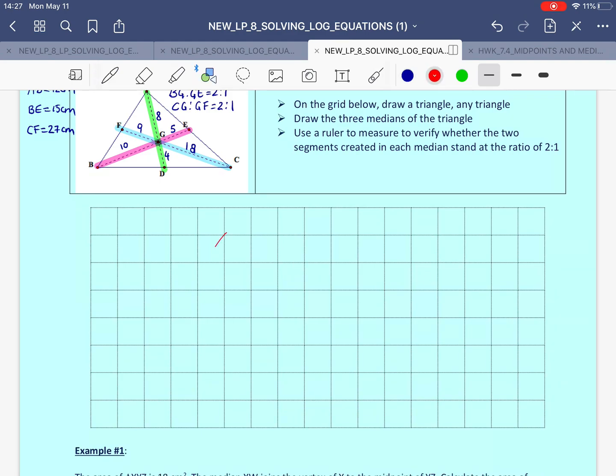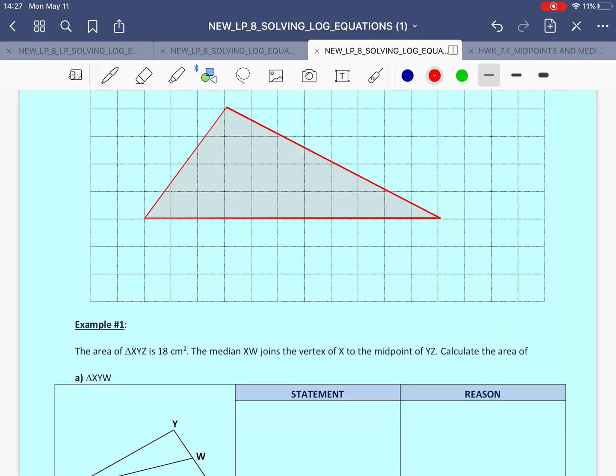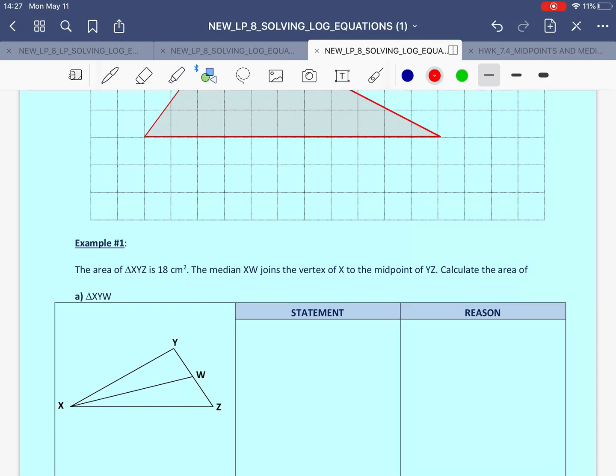So practically what I would do is just draw any ordinary triangle, draw the three medians in the triangle, and use a ruler to measure the ratio of the line segments that are created by the intersection of the three medians. If you want to verify it, you want to use probably more than one triangle.